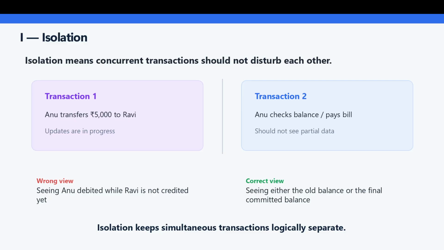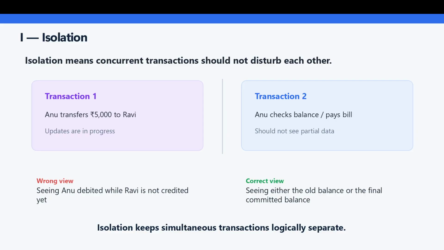Instead, the second transaction should see a consistent result. It may see the old balance before the transfer, or the final balance after the transfer is completed, depending on the isolation level used by the database. But it should not see the incomplete changes of an ongoing transaction, right?